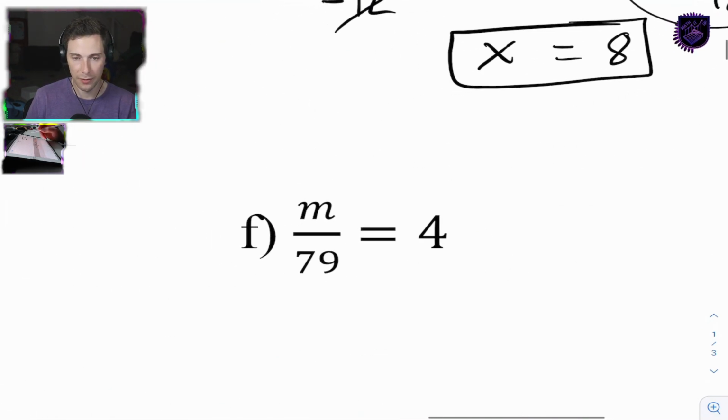All right, so it's being divided now. M divided by 79 is equal to 4.